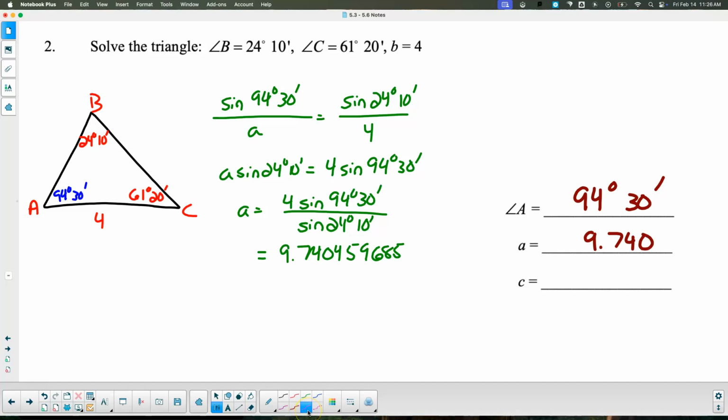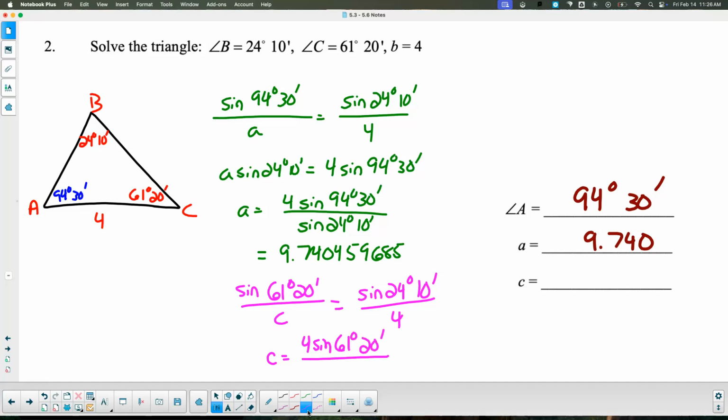Okay. Then I've got the sine of 61 degrees 20 minutes divided by side C is the sine of 24 degrees 10 minutes divided by 4. So C here is going to be 4 sine of 61 degrees 20 minutes divided by the sine of 24 degrees 10 minutes.